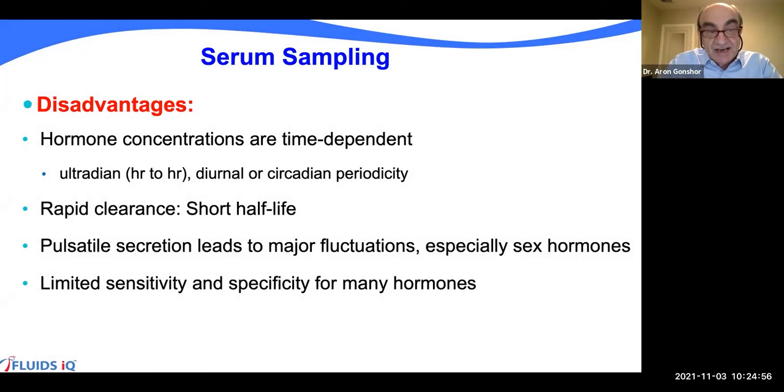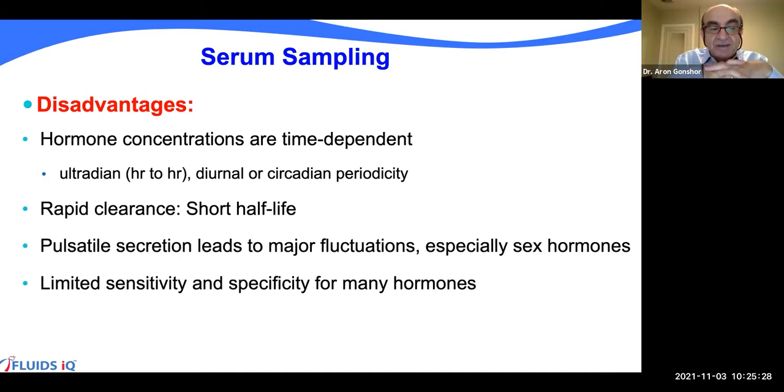But it has disadvantages as well. Hormone concentrations are time dependent. In other words, they are really going up and coming down in levels very quickly, hour by hour, which is called ultradian, or diurnal, which you're familiar with, what goes on over a period of the waking hours of a day, or circadian, which is looking at daytime versus the middle of the night kind of periodicity.